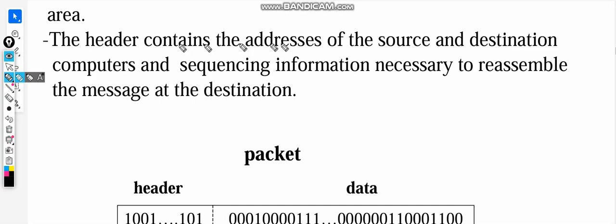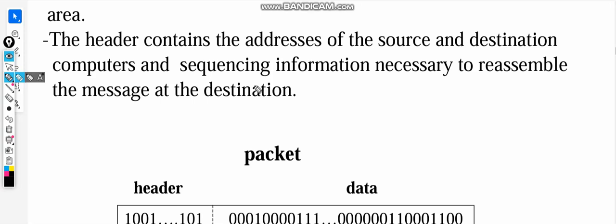The header contains the addresses of the source and destination computers and sequencing information necessary to reassemble the message at the destination. So what does the header contain?